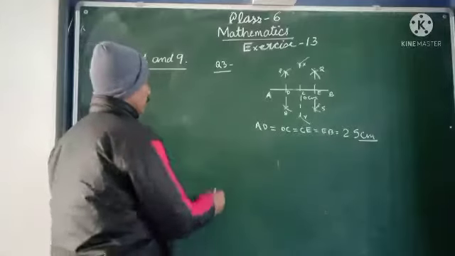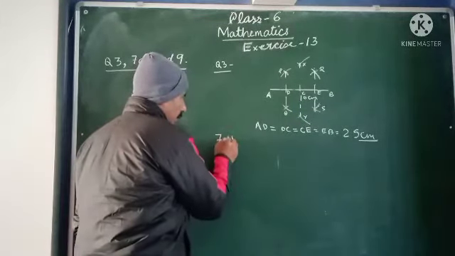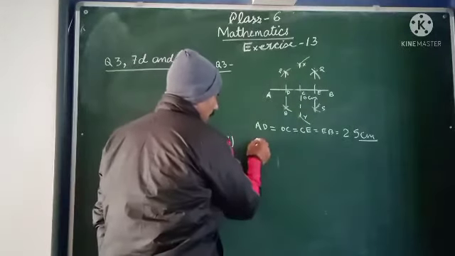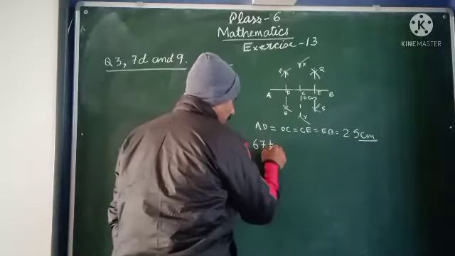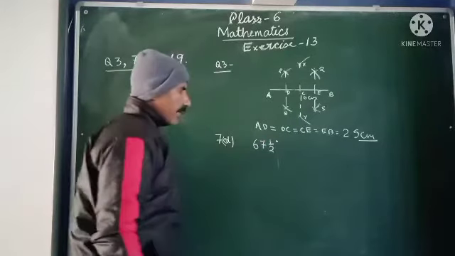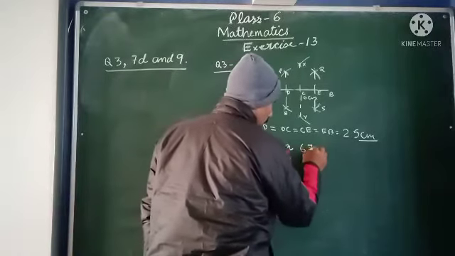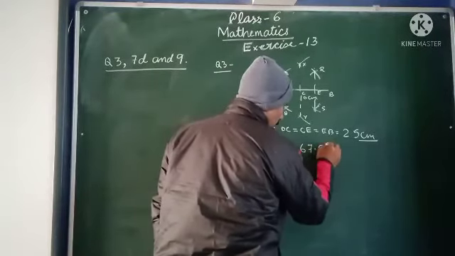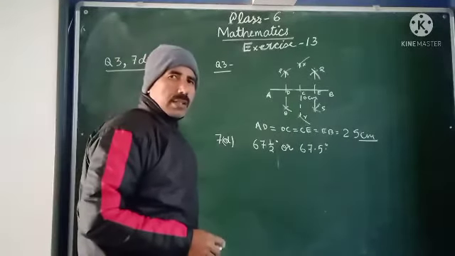Now see question number 7D. In question number 7D, we have to draw an angle of 67 and a half, or 67.5 degrees. This is actually more than 60.